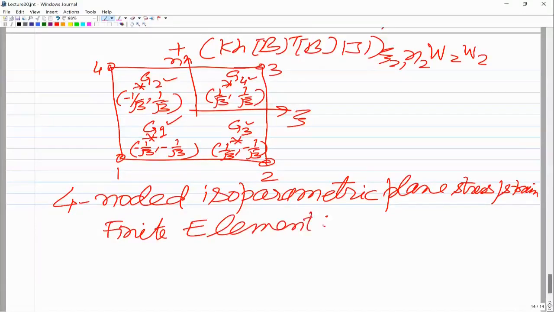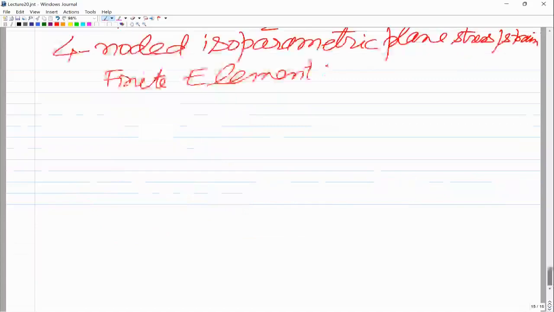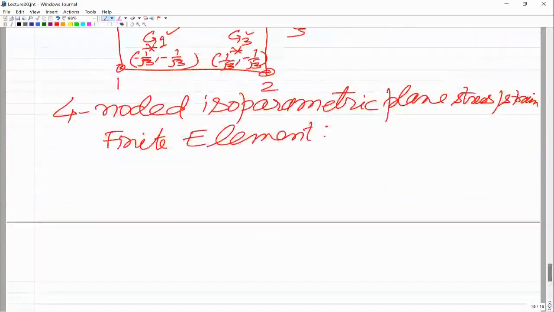Just now we have done this for the heat conduction problem. Now we want to do the same thing for the plane stress, plane strain problem, the structural mechanics problem.